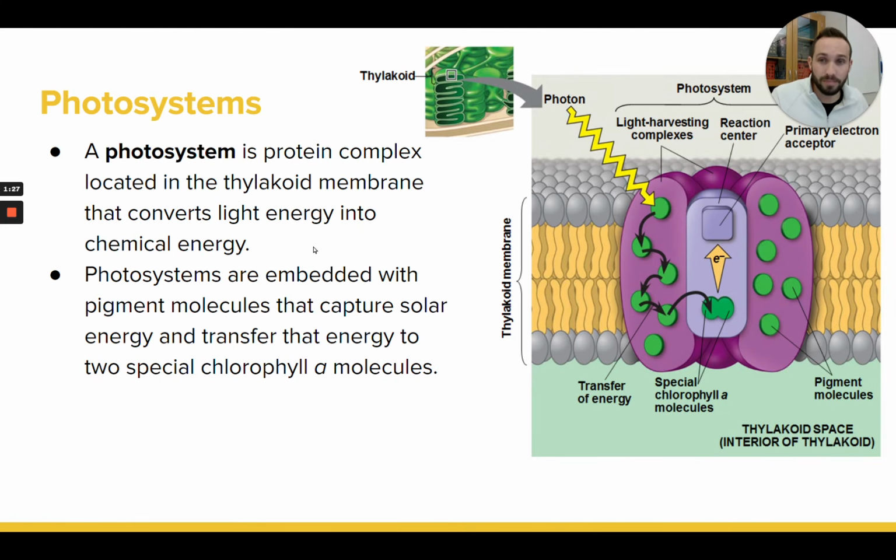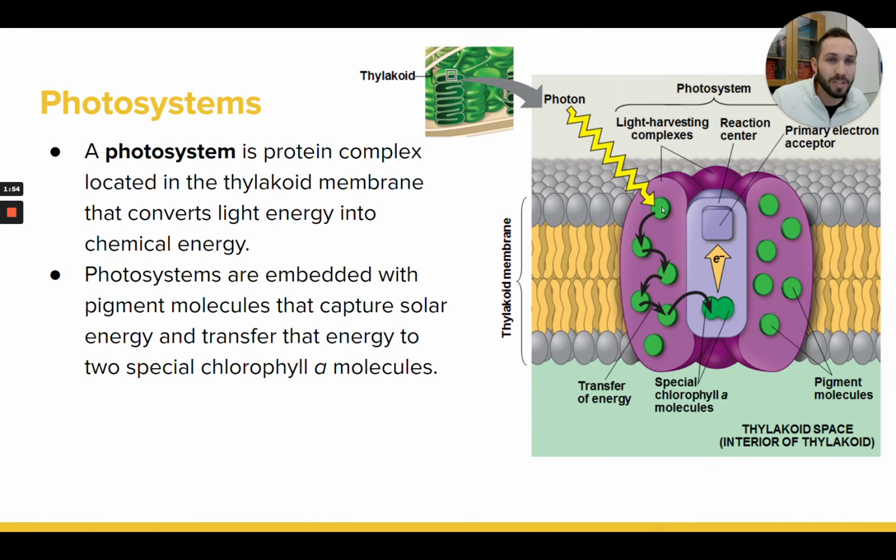And so if you look here, in a photosystem, this special protein complex involved in photosynthesis, there's a bunch of pigment molecules embedded in it. These green little circles represent pigment molecules like chlorophyll and other types of pigment molecules like carotenoids that are found inside plants. There's a bunch of different pigments embedded in this giant protein complex that absorb energy from light.